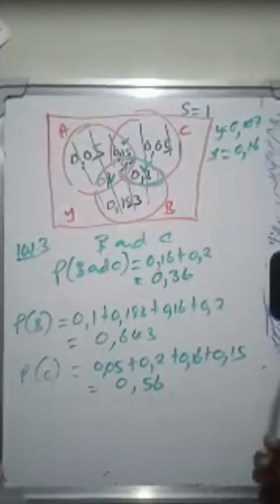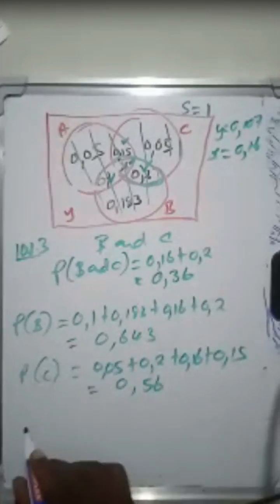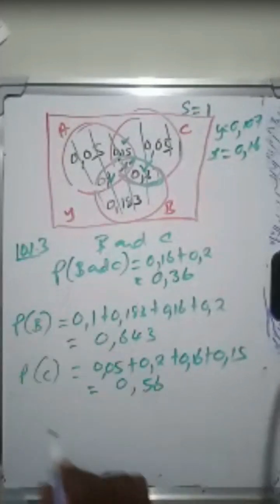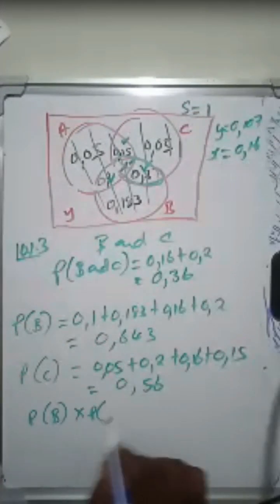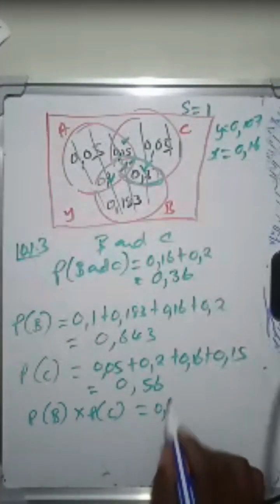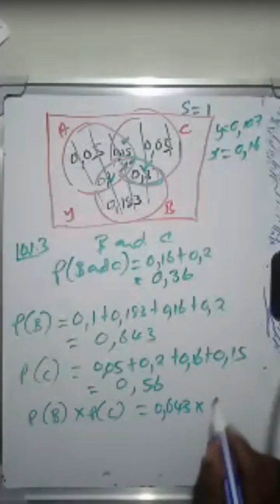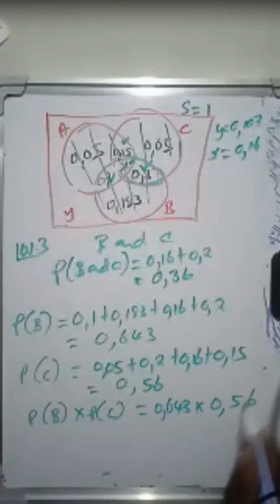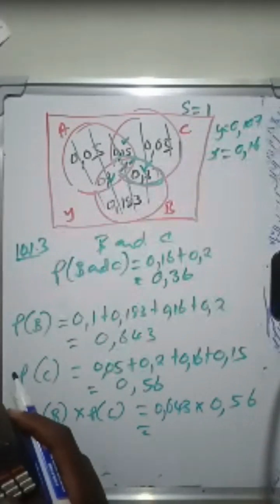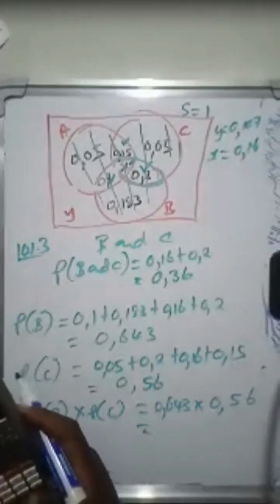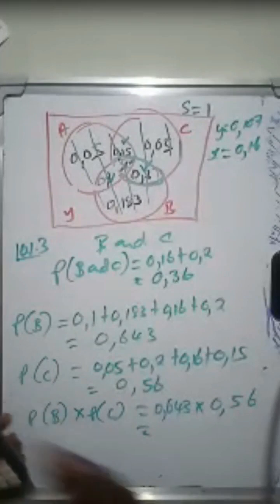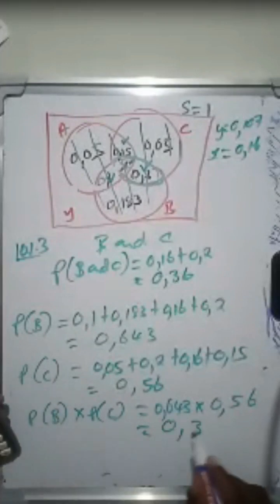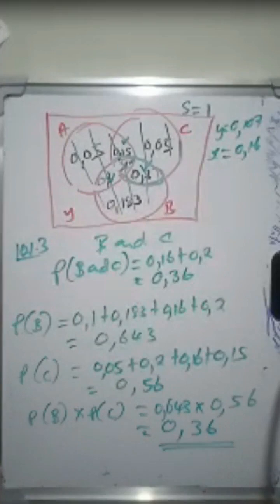Okay? So now to check independence, we have to multiply the two. Probability of B times probability of C is equal to 0.643 times 0.56. We get 0.36, rounded off to 2 decimal places.